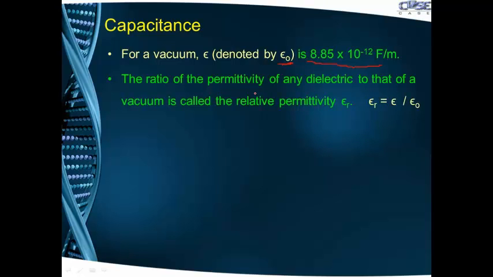The ratio of the permittivity of any dielectric to that of a vacuum is called the relative permittivity, denoted by epsilon r, and defined as epsilon r equals epsilon divided by epsilon naught, where epsilon is the permittivity of the dielectric. This ratio of the permittivity of any material to the permittivity of free space is called the relative permittivity of the material.